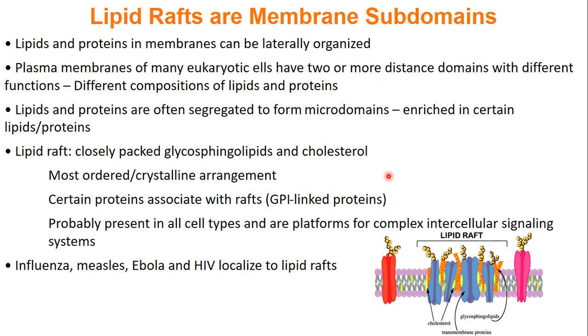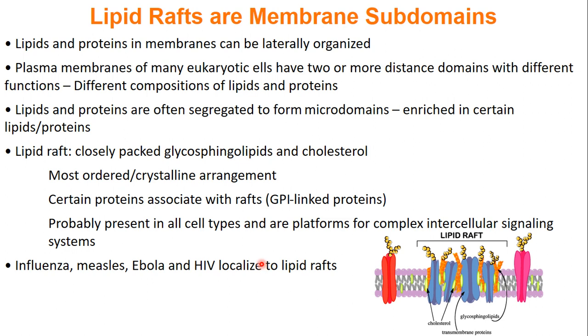These lipid rafts have glycosphingolipids and cholesterol, as shown here, all tightly packed together. And this cholesterol is kind of shoving the lipids together to make a more ordered, crystal-like arrangement. And certain proteins, shown here in blue, will associate with these rafts, and they're usually GPI-linked proteins.